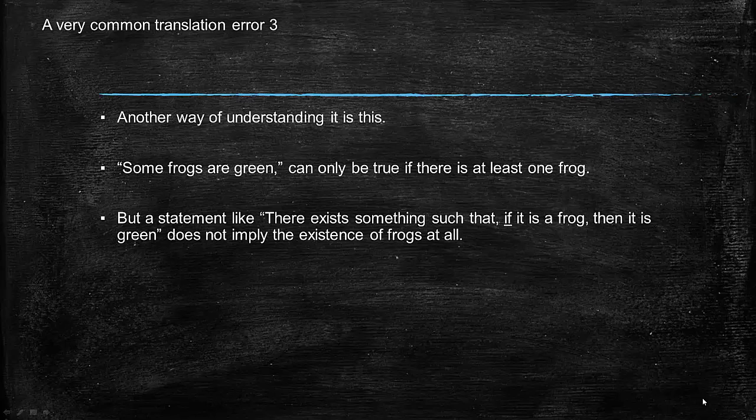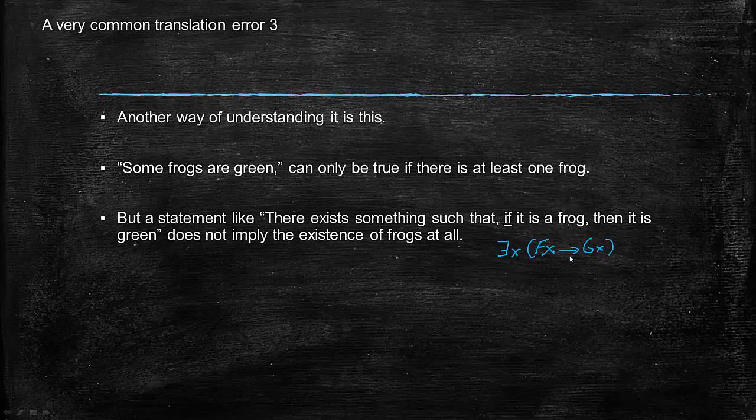But a statement like there exists something such that if it is a frog, then it is green, just does not imply the existence of frogs at all, right? So again, if I were just to write it here, there exists an x such that if x is a frog, then x is green.